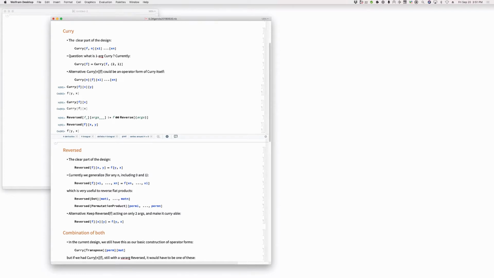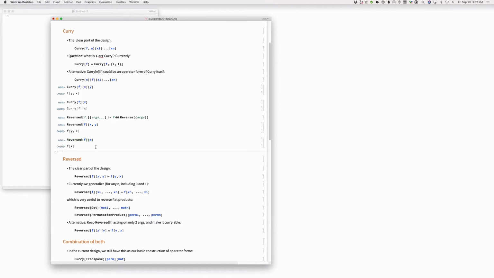Right. But it's not curryable, because being vararg, we want it also to work on 0 and 1 arguments. So we cannot say reversed of F of X and of Y. Right, so that just does that. Exactly.